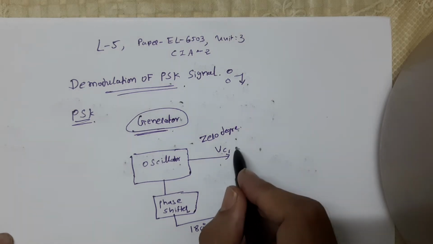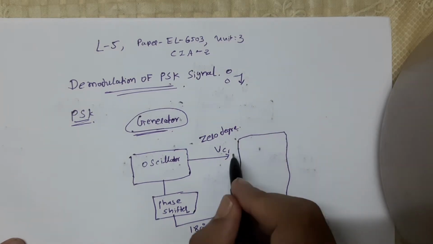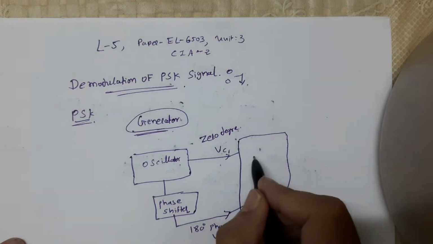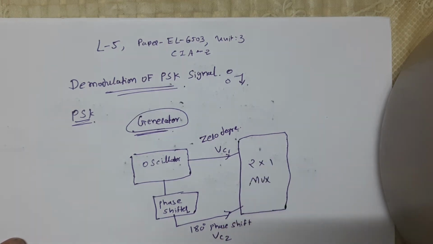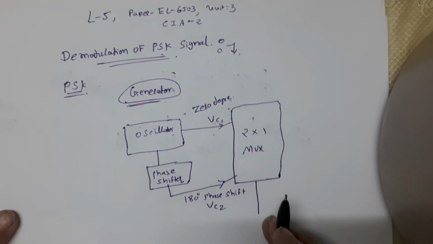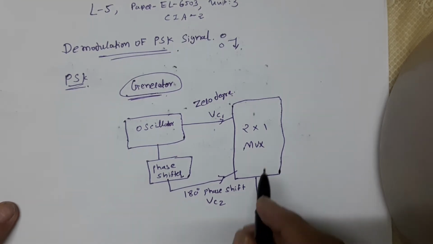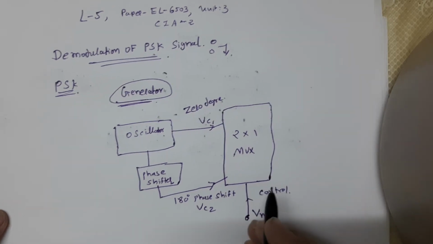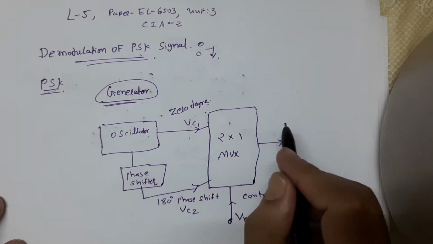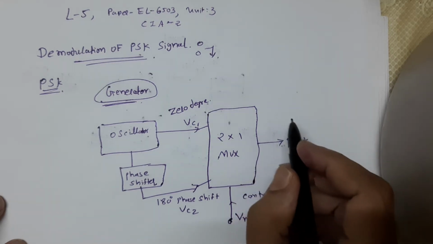Both of these are given to the multiplexer, a 2 into 1 multiplexer, and one control signal, VM, which is known as the control signal. And the final output we are getting is the PSK.